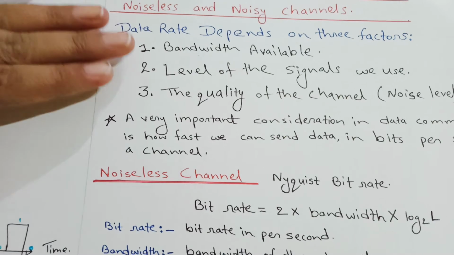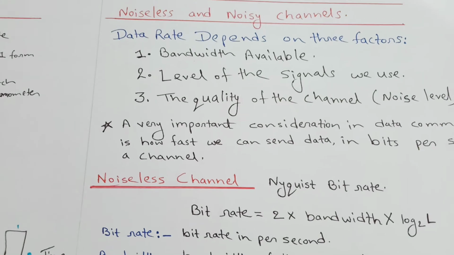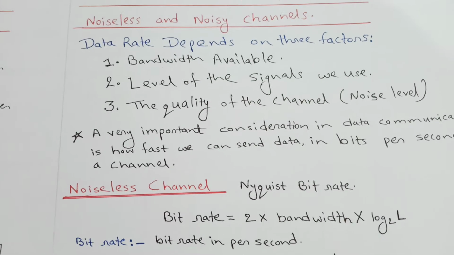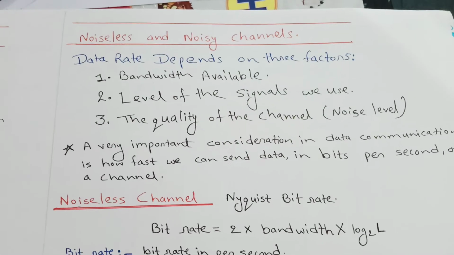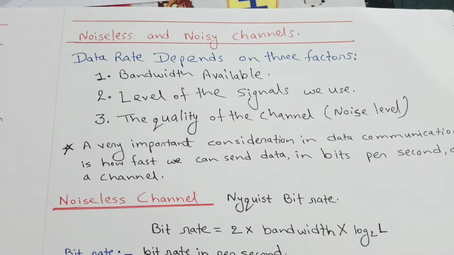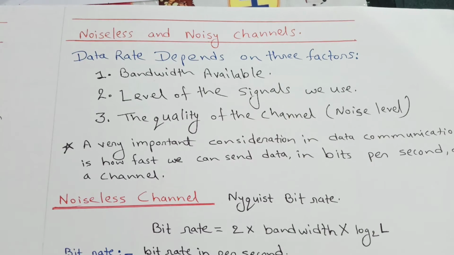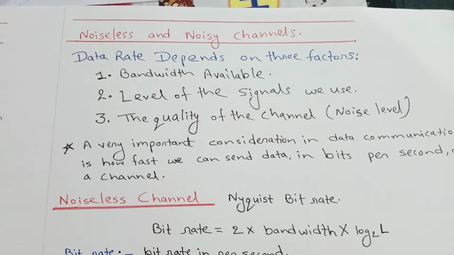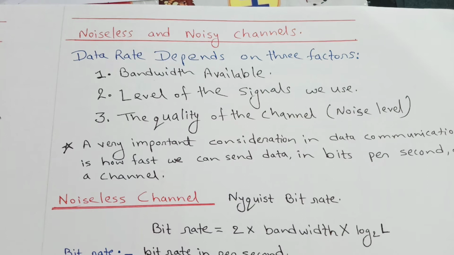The bandwidth available must be high enough, or in the proper range, so that the data can be transmitted. And the level of signal we use, what is the level of signal? This will also affect the data rate.